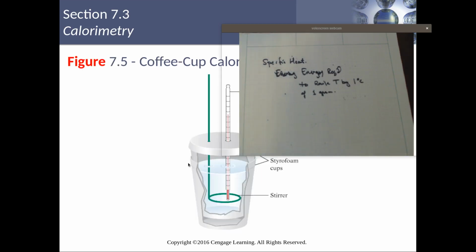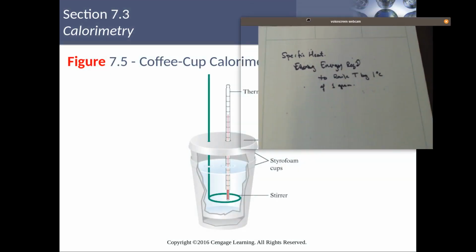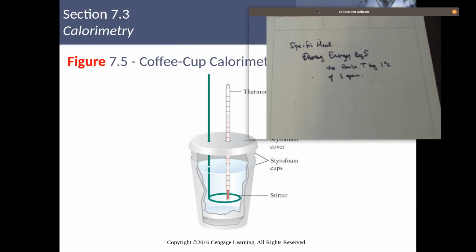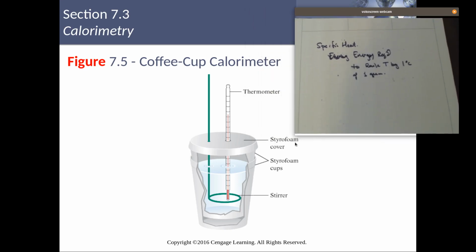Okay, now, the experiment that, in the absence of the coronavirus outbreak, you would be doing is something like this. This is what's called the coffee cup calorimeter. It's a very simple laboratory experiment. You take 2 styrofoam cups. Why 2 styrofoam cups?